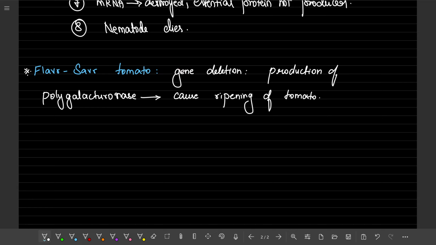Okay, so next is use of biotechnology in medicine. First thing we'll be seeing about is therapeutic drugs. What is a drug?